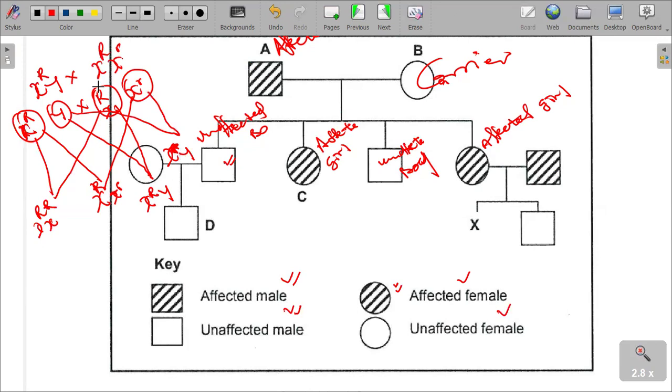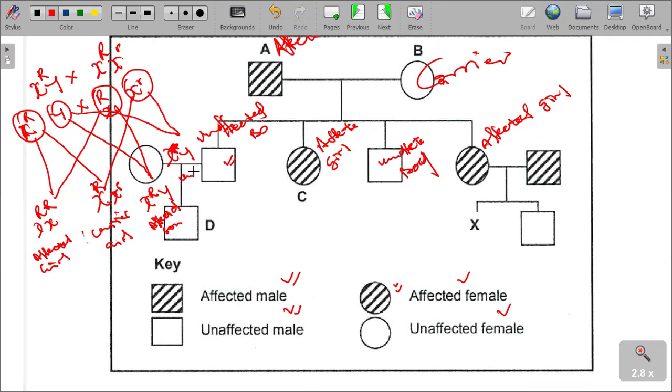In this case, we see that this is an affected girl, and then this is a carrier girl, and then this can be an affected son, and this can be an unaffected son.